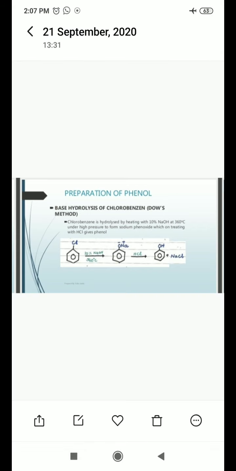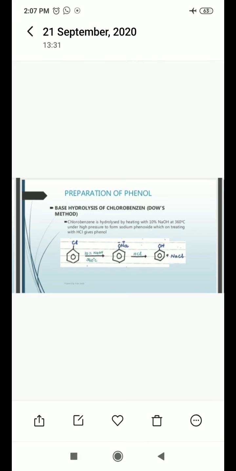Here the starting material is chlorobenzene. Chlorobenzene is hydrolyzed by heating with 10% NaOH at 360 degrees Celsius under high pressure to form sodium phenoxide, which on treating with HCl gives phenol.